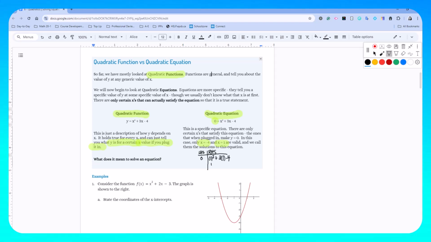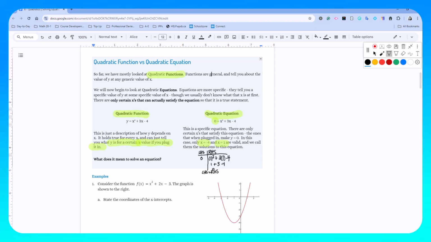So this gives us 1 plus 3 minus 4. Well, that's 4 minus 4, which is 0. So the left-hand side equals the right-hand side. So that's a valid value of x that makes the statement true. And if we tested the same for x equals negative 4, we would find that also would be the case.